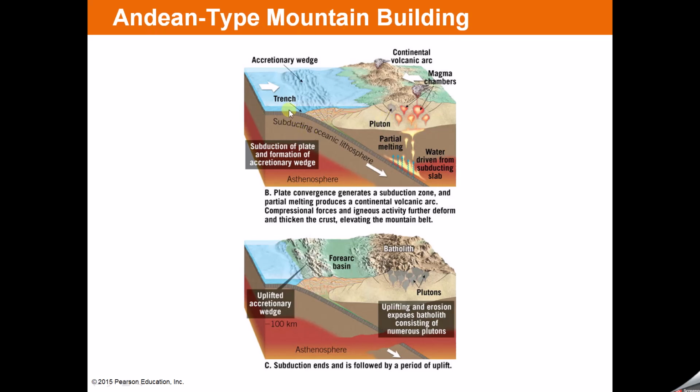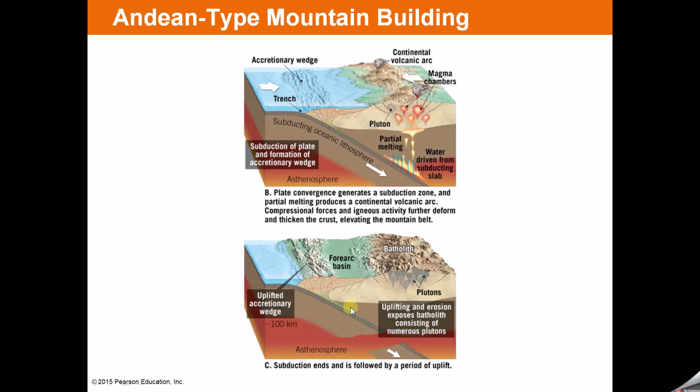So what we have here is oceanic crust and a subduction zone that's subducted under continental crust, and then partial melting happening, and plutonic rocks came up, and that causes uplifting and igneous activity. And here we have the accretionary wedge, which is deformed sedimentary packages due to pressure.